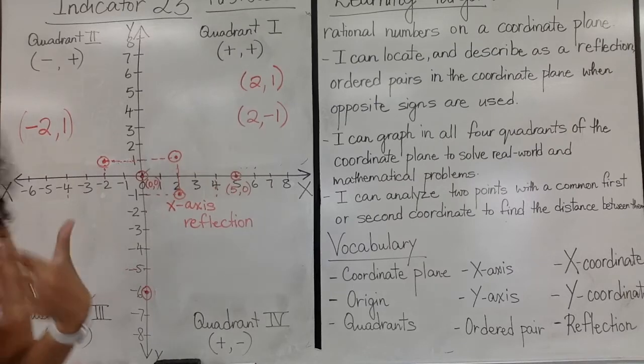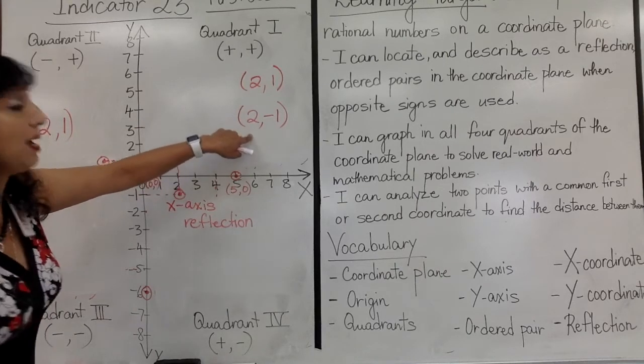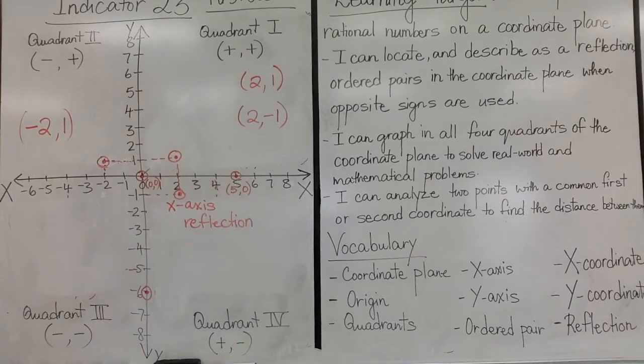So just be careful about where it's asking you to reflect so you know what the ordered pair will be on the other side. And remember, to reflect a point in the x-axis, the x coordinate remains the same. So look, x remains the same. The y is the one that is negated, okay?